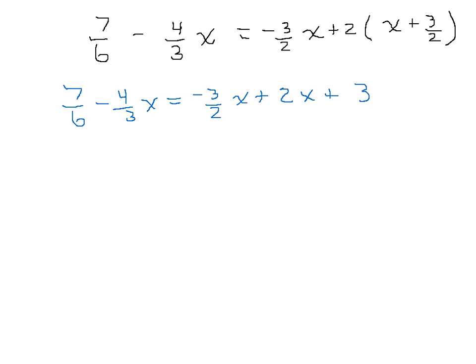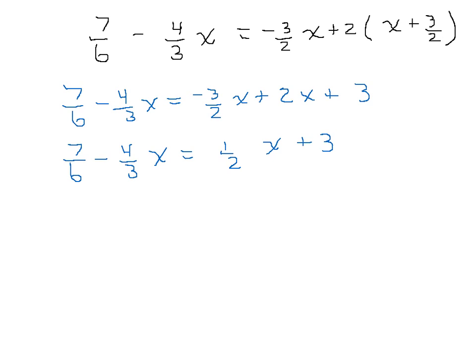So now I have to add together on the right side, and I have to simplify minus 3 halves and 2. 2 is the same as 4 over 2, and so this just becomes 1 over 2x plus 3. So now what I've done is I've got all my x's and constants completely simplified on each side.